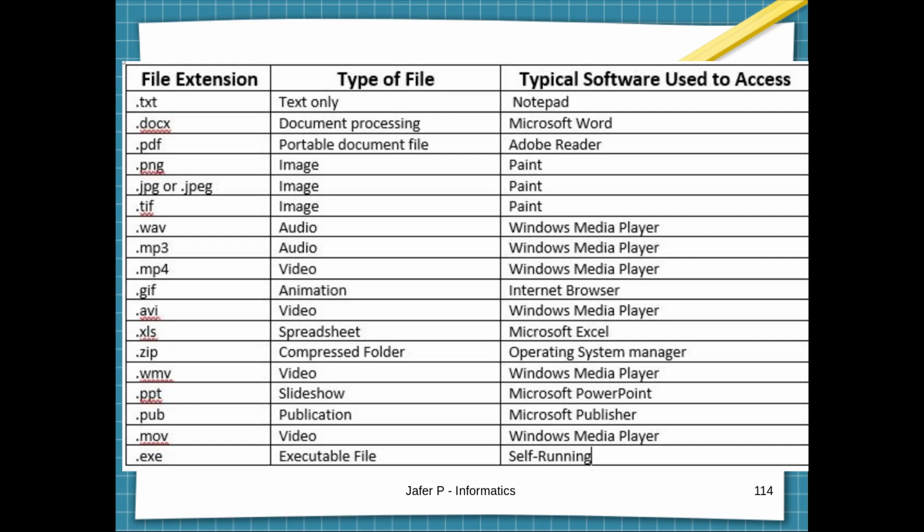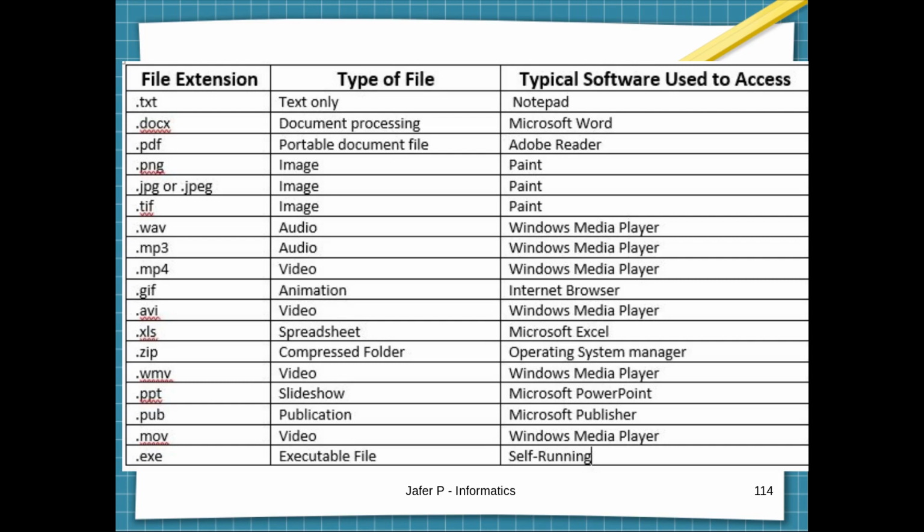.xls is a spreadsheet file. Microsoft Excel can be used to open this. .zip is a compressed folder. The operating system manager can open this type of file. .wmv is a video file. It can be opened by Windows Media Player, right? And many other kinds of media players can also open this type of video file. .ppt means slideshow. It has been created using Microsoft PowerPoint, right?